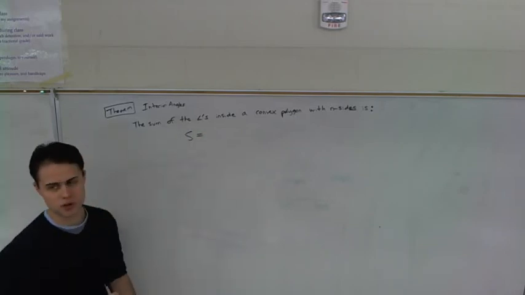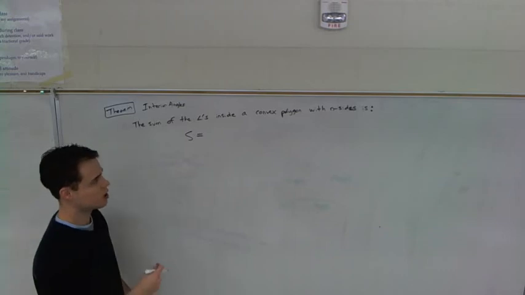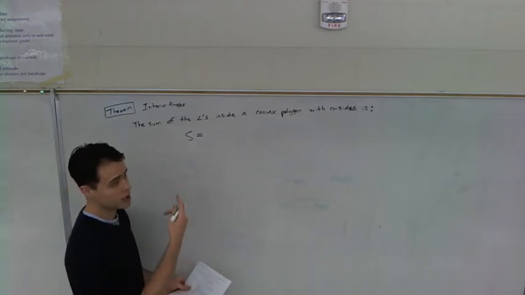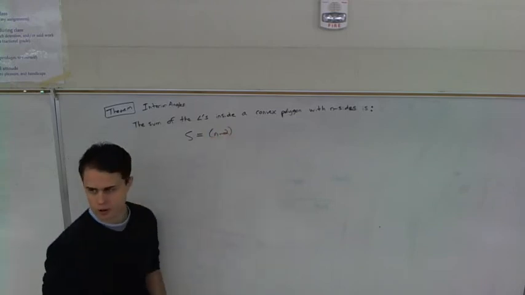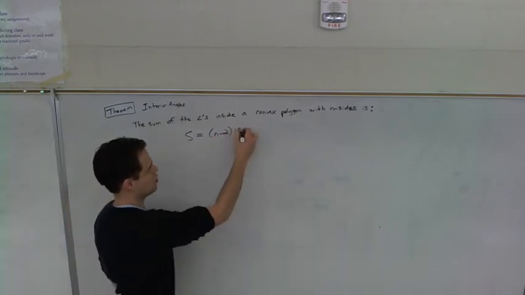If you add them all up for a triangle, you get 180 degrees. And the triangle fits this too. So you go the number of sides minus 2, times 180 degrees.